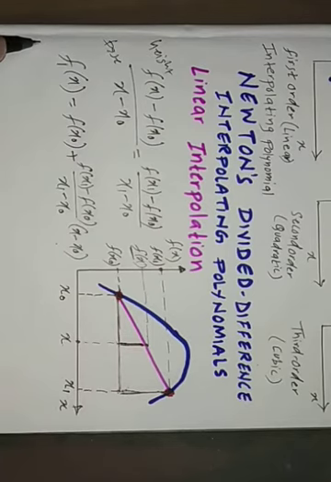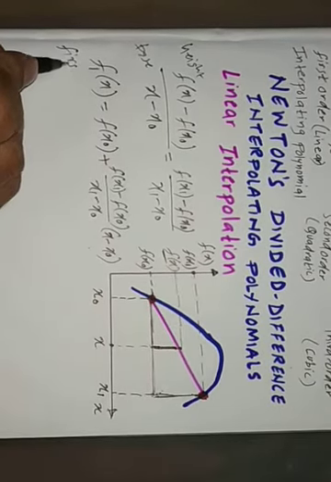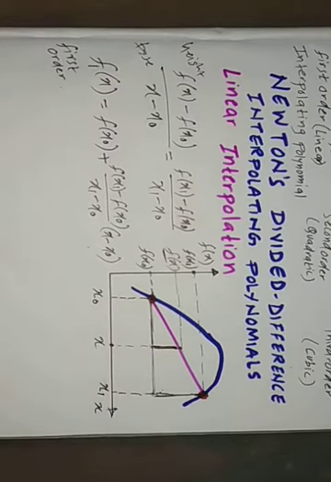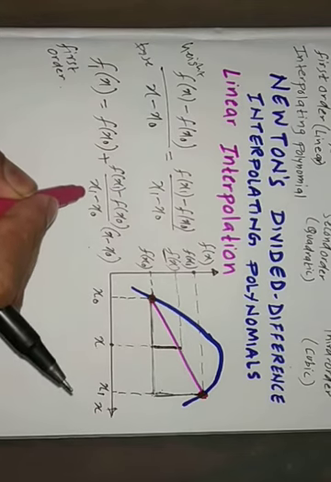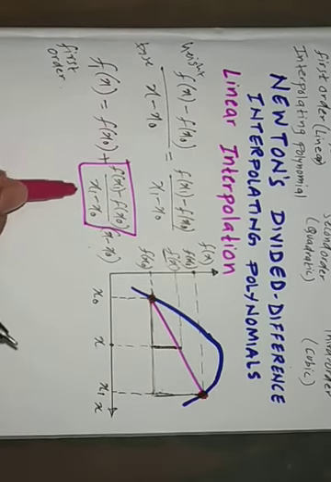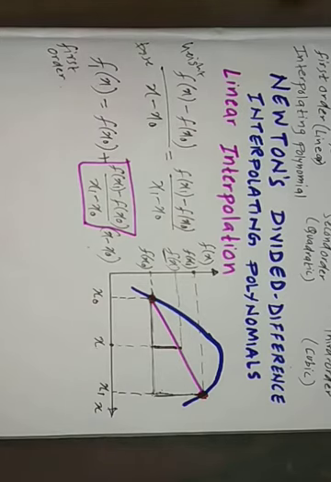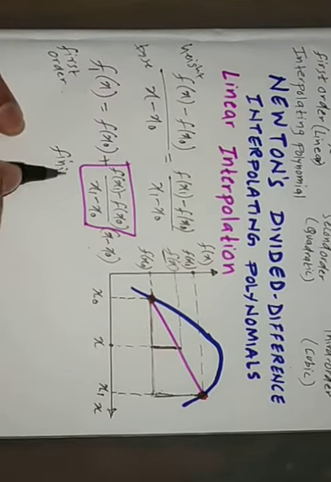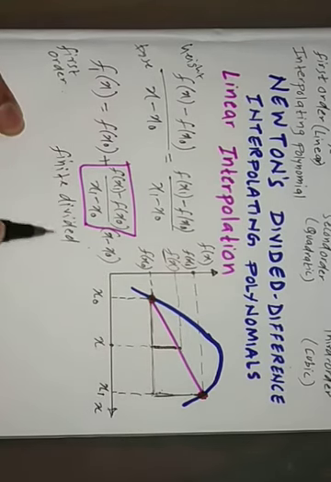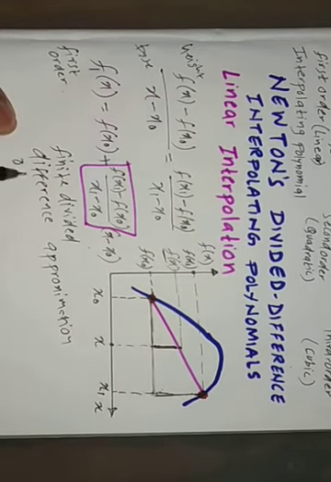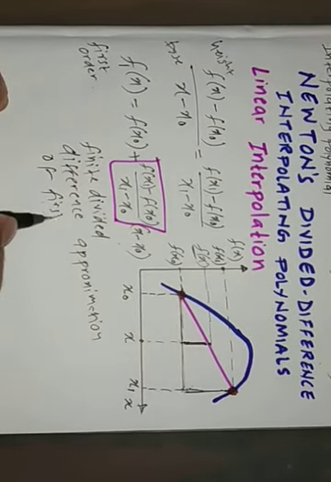That means f1 means first order interpolating polynomial, and this term, f of x1 minus f of x0 divided by x1 minus x0, is called finite divided difference approximation of first derivative.